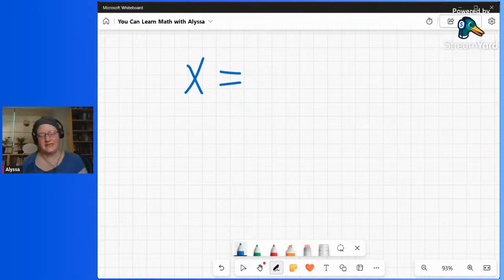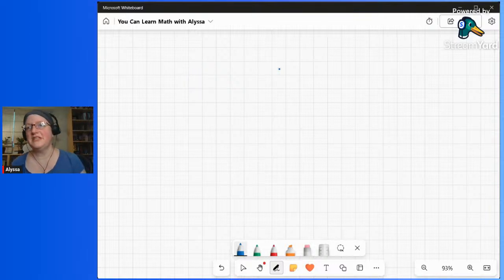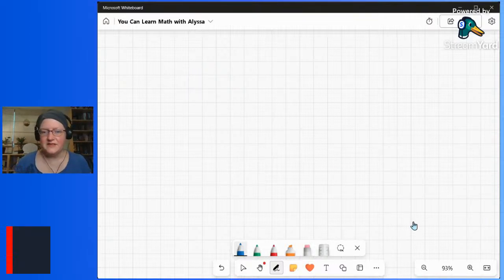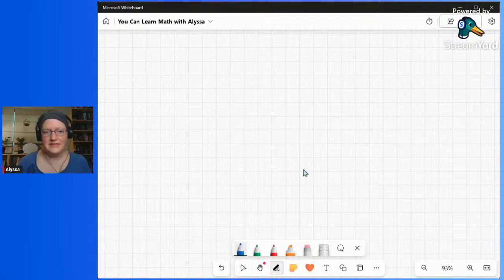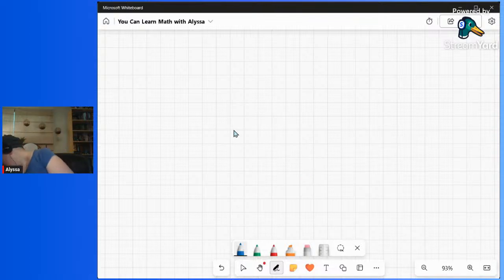We either have to have an x equals or a y equals. We may be given that. We may not. It depends on what our teacher is. So, okay, from X, we're saying substitution. Just asking a little clarification there. Would you like me to go over substitution again? Do you have a question about substitution? Please let me know.